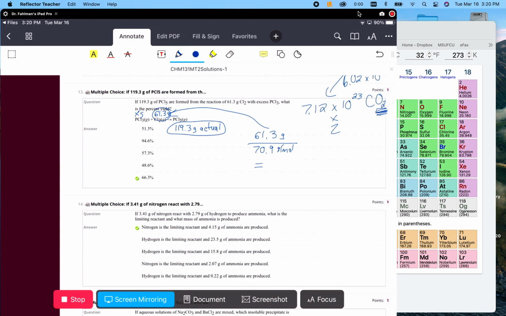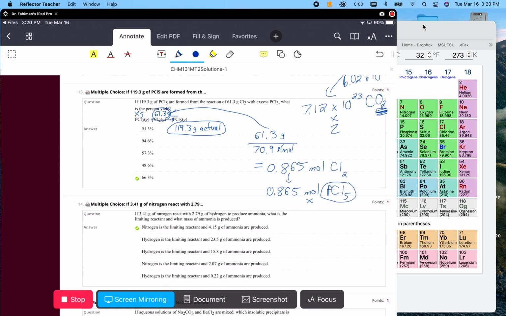So if you do that, you get 0.865 moles of chlorine. Okay, and in this case, it's a 1-to-1 reaction, so therefore, you have 0.865 moles of PCl5, your product. And so let's figure out how many grams you should have made. So for that, we just multiply by the molar mass of this.